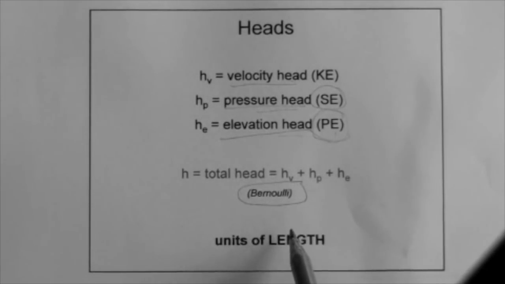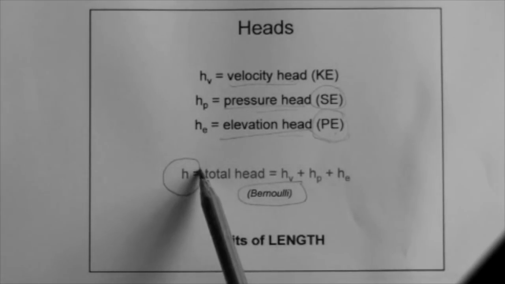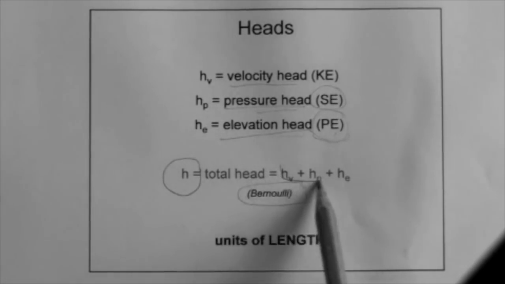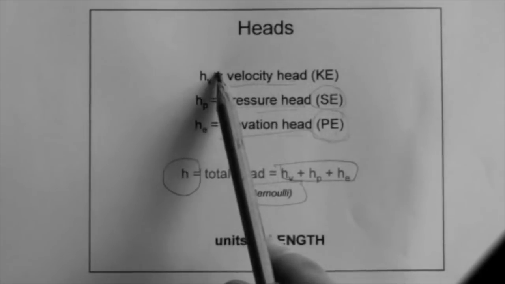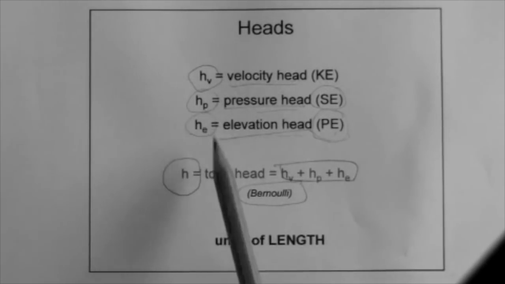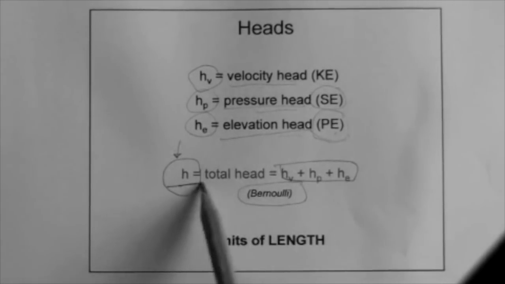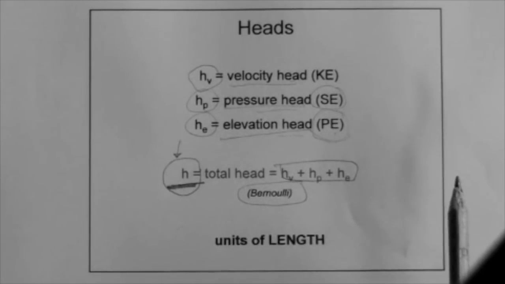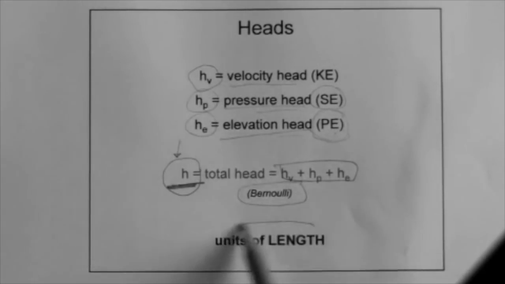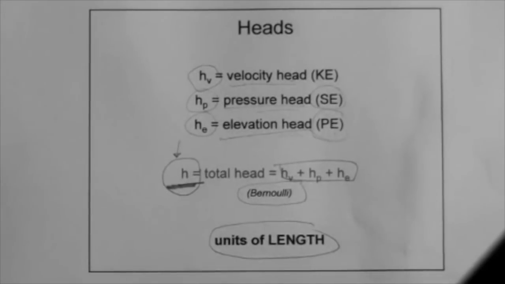Remember that from hydraulics or fluids? So the total energy or total head is equal to the sum of all of them. If you sum this head and this head and this head, you get the total head. This is going to be very important for us, the total one. Again, all of these have units of length.